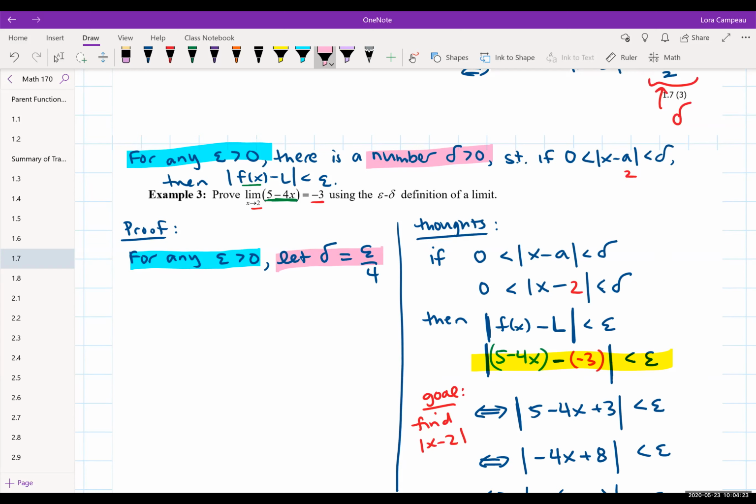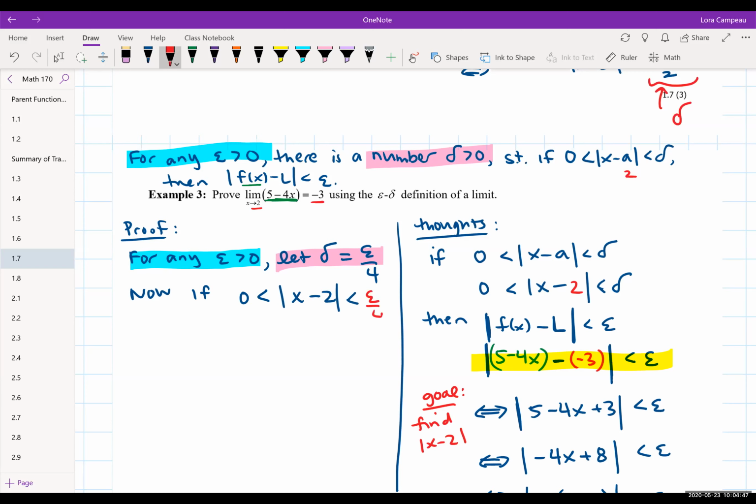The last piece of the hypothesis is for us to speak about if we start off with 0 is less than the absolute value of x minus 2, in our case A was 2, which is less than, in our case, we let delta equal epsilon over 4.